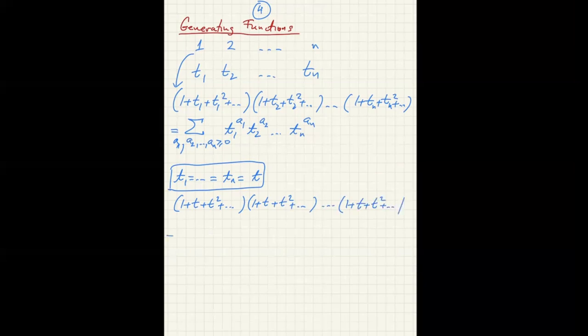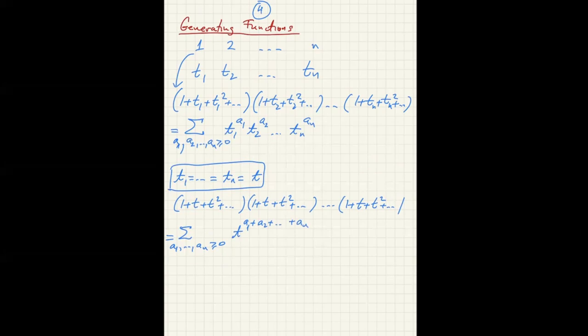And it is going to equal what? A summation over a1, ..., an greater or equal to 0 of, now, t is everywhere. It's the same as t1, the same as t2, the same as tn. So it's going to be t to the power a1 plus a2 plus ... plus an.